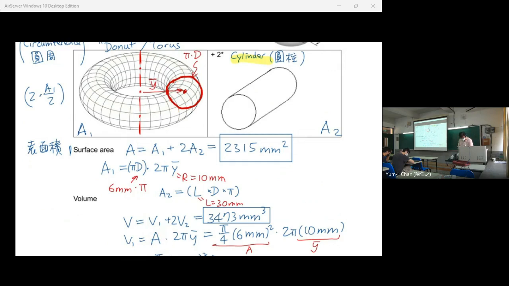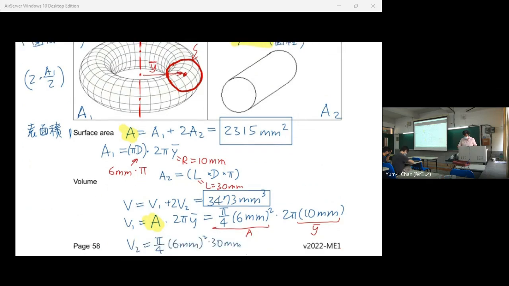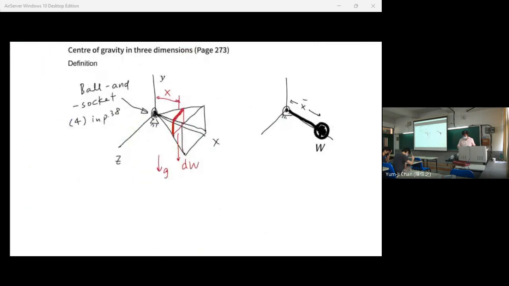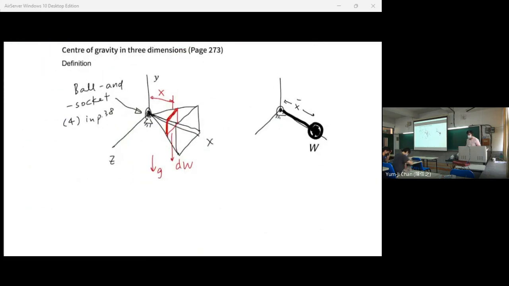Let me mark it down. So if most of us are okay, then we go on to the next page, and we go on to 3 dimensions. Let's say we have a pyramid here.